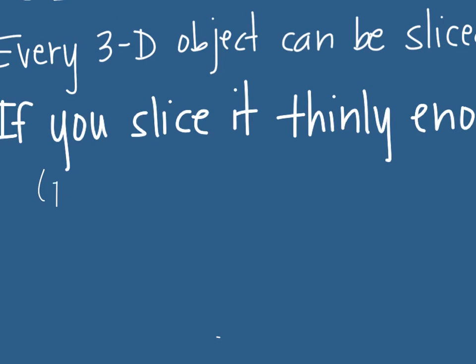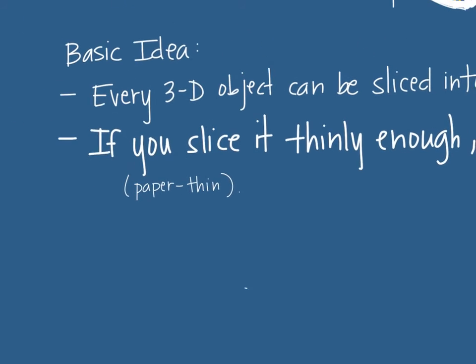I want you to think of them as paper thin. Not like cutting a cucumber into slices, because every slice of a cucumber is still three-dimensional. It still has length, it still has width, and it still has depth. But if I could slice it paper thin, I could get them so thin that they would only have area and not volume.